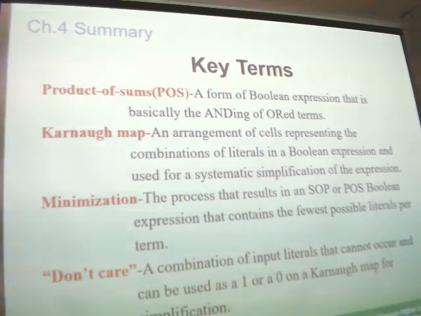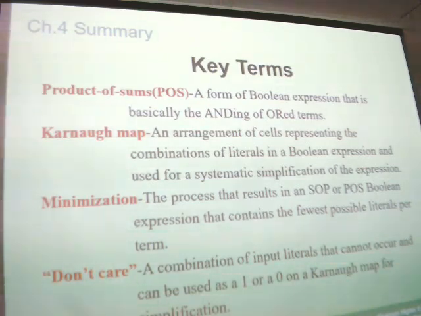Karnaugh map is an arrangement of cells representing the combinations of literals in a Boolean expression and used for a systematic simplification of the expression. Karnaugh map is used to simplify a Boolean expression. That is the function of the Karnaugh map. Minimization.